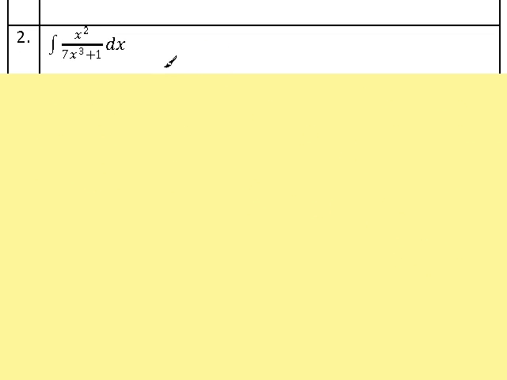In number 2, we have that situation where we have a function in the denominator. Let's say we'll call this f of x. The derivative of the denominator is 21x squared. We're just missing the 21. We basically have the derivative in the numerator without the 21. All right, so we're going to put u equal to the denominator. And du is 21x squared dx.